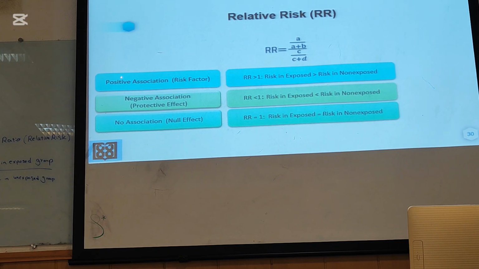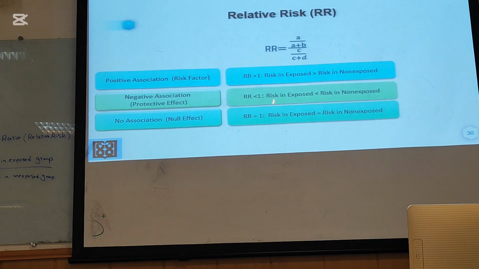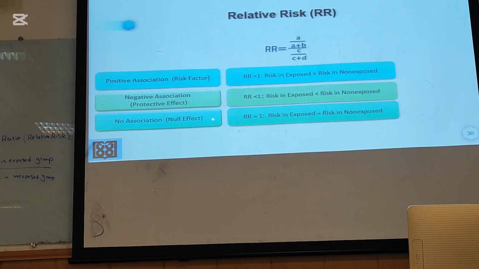And it means there is a positive association, or it means your exposure is a risk factor. But when relative risk is less than 1, it means risk in exposed is less than risk in unexposed. And it means your exposure is protective.